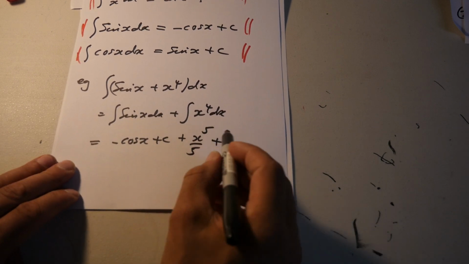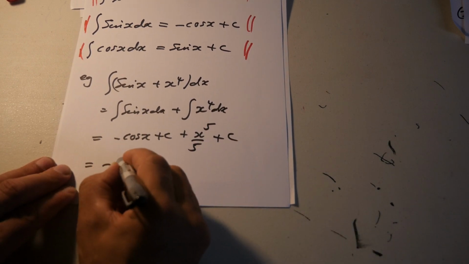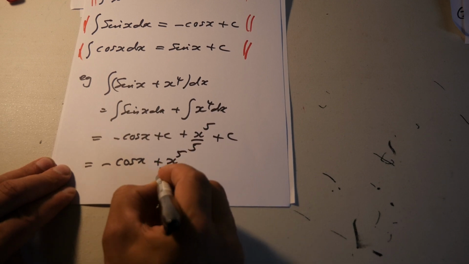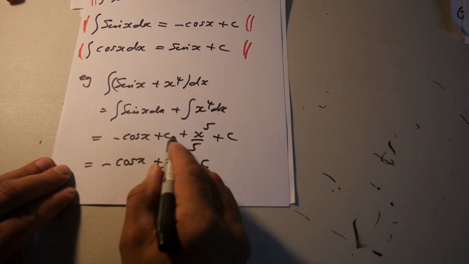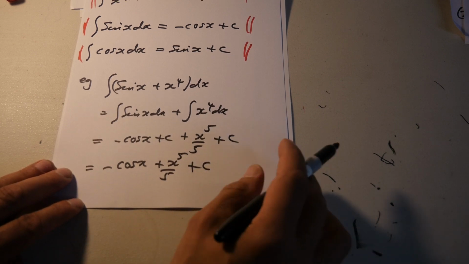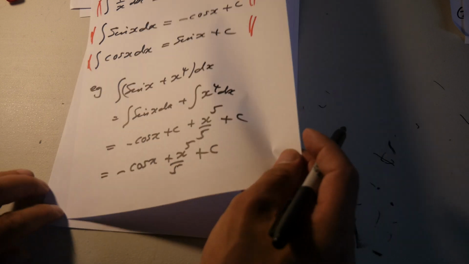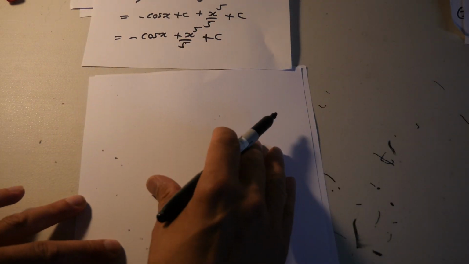We just combine those into minus cos x plus x to the fifth over 5 plus c, okay? If they're just two constants, you can just call it one c, okay? Now I mentioned you have to check it, so I'll check it.